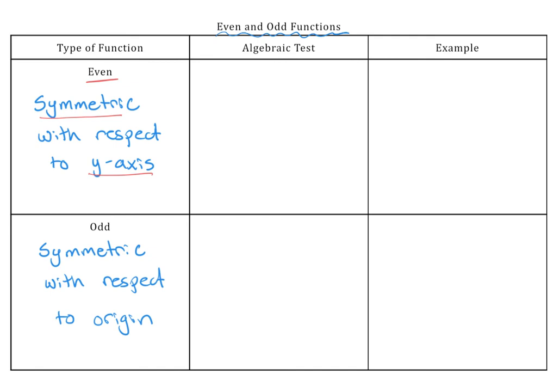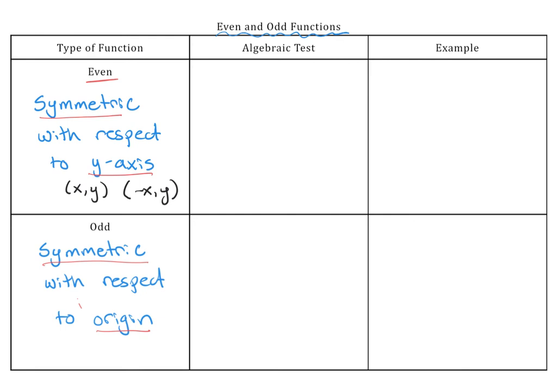And then an odd function is a function that is symmetric with respect to the origin. We've already talked about how to test for these. With the even function symmetric about the y-axis, that is when x, y and negative x, y both exist on the graph.